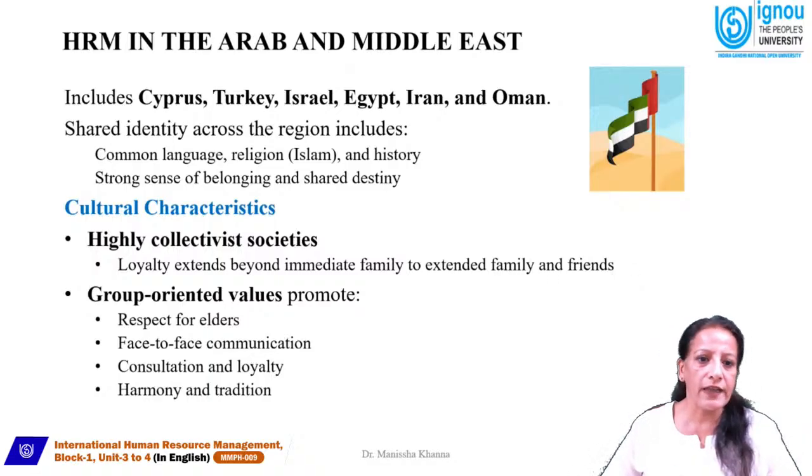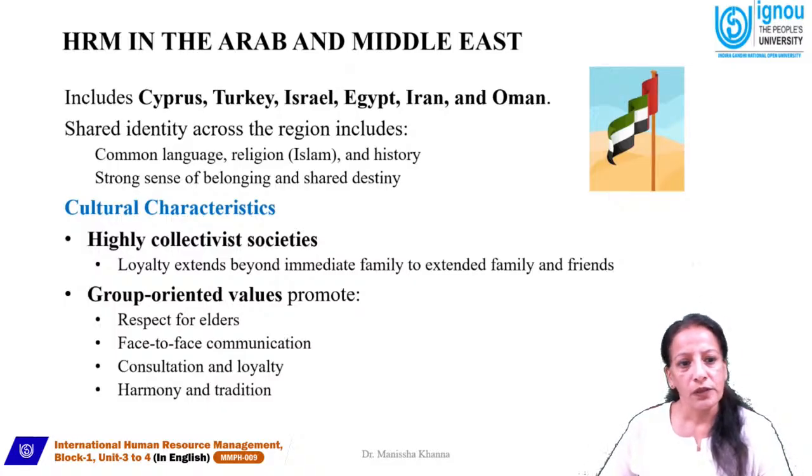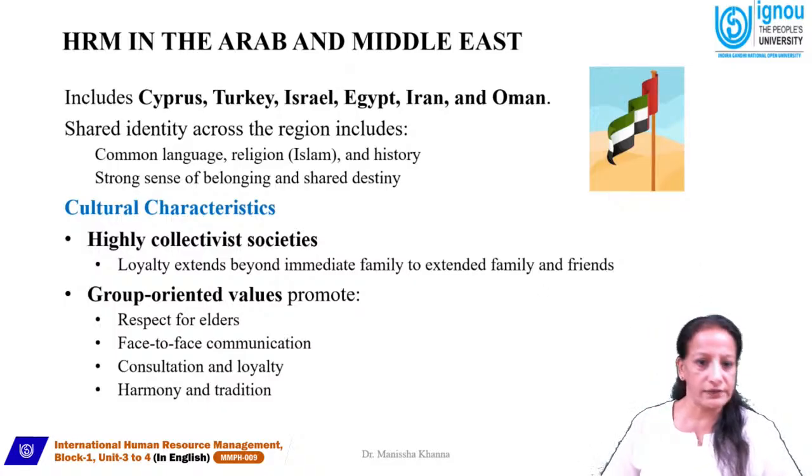Combined, they have a very strong sense of belongingness and they share a destiny. They are a highly collectivist society in that loyalty extends beyond the immediate family to extended families and friends. They have group-oriented values which promote respect for elders, face to face communication, consultation, loyalty, harmony and tradition.